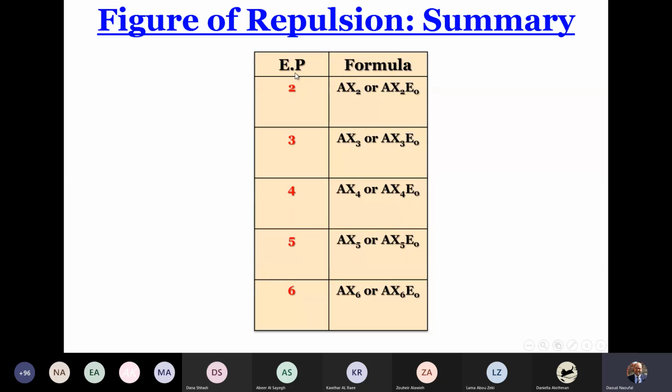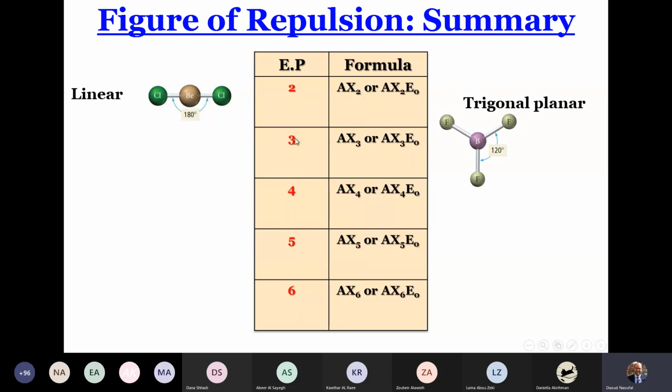For EP 2, the formula is AX2 or AX2E0, and the figure of repulsion is linear, and the geometry is linear. For EP3, the figure of repulsion and the geometry are trigonal planar. For EP4, the type is AX4 or AX4E0.